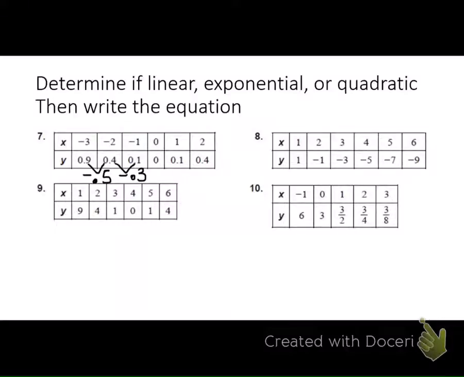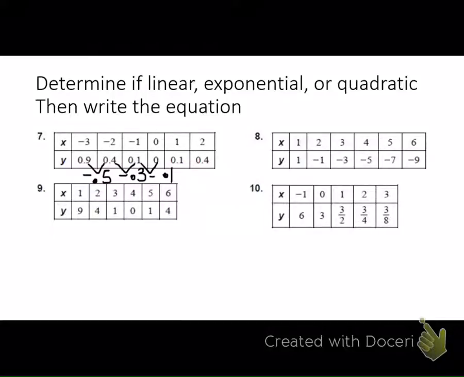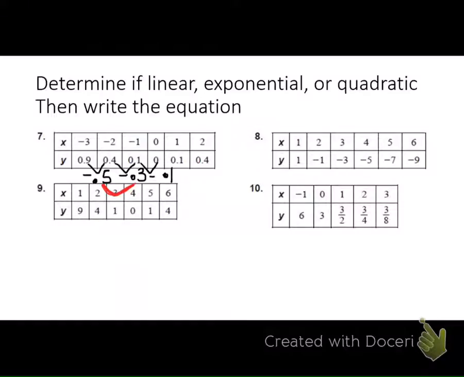Okay, so if we continue this, we would subtract 0.1. However, if we keep doing this, you will notice they are not the same. So it's definitely not linear. If you look at the second difference, what is the difference between negative 0.5 and negative 0.3? Negative 0.2.